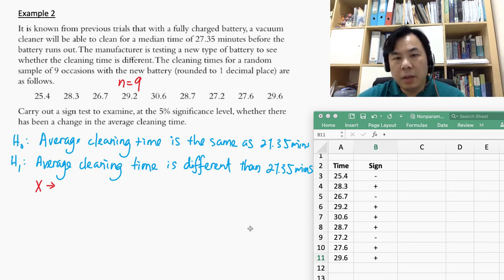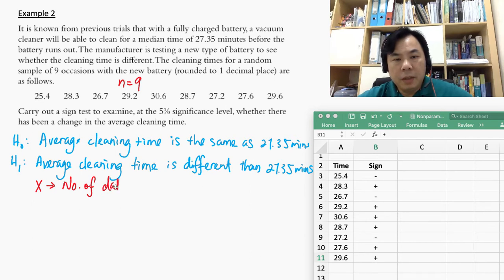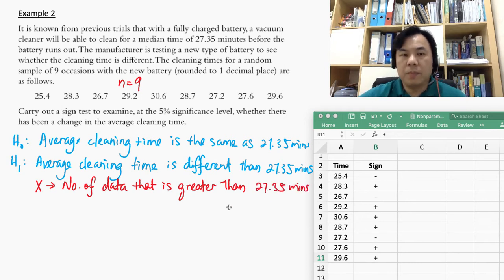So x represents the number of data observations that is greater than 27.35 minutes, right? So we want to look at how many are actually greater than 27.35.